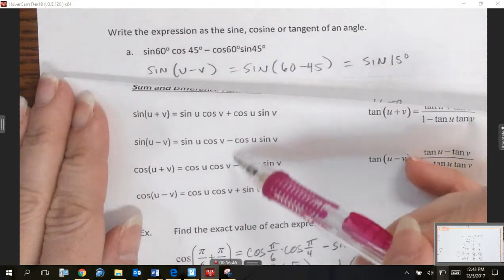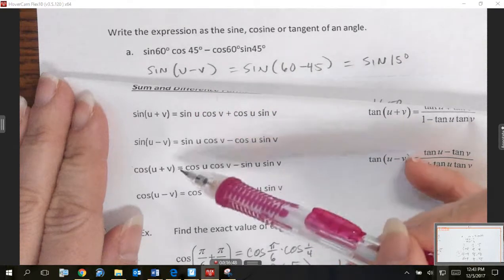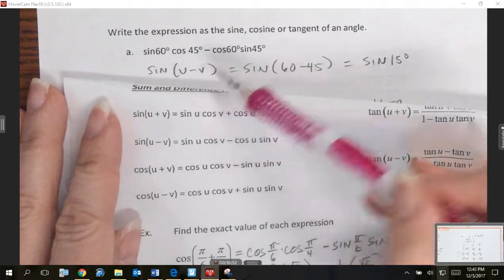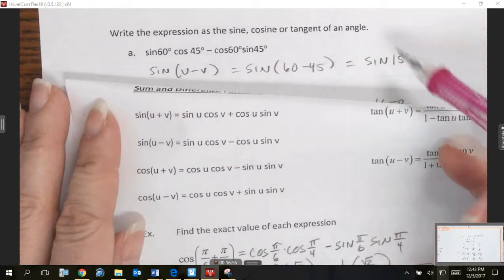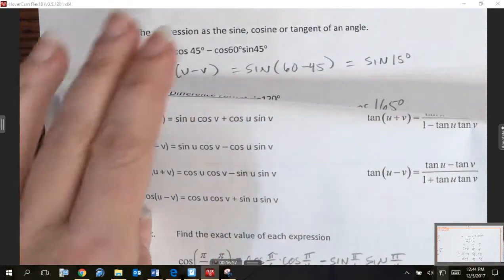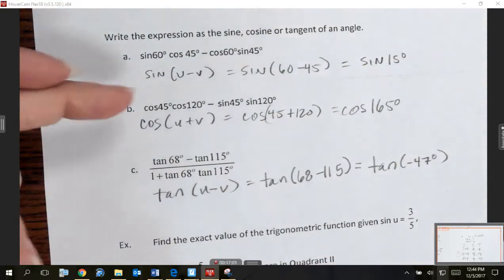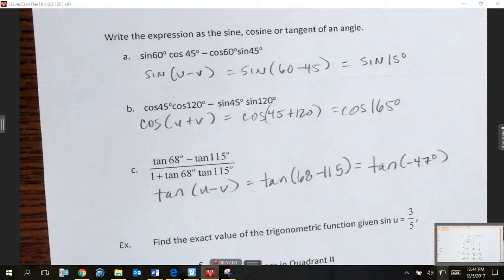Okay, it's one of those two. And which one starts with sine and cosine? Well, that's sine. So then I write it as sine of u minus v, which is sine of 60 minus 45, which is sine of 15. That's correct. So you're just going backwards to figure out which one they had expanded out. Okay.